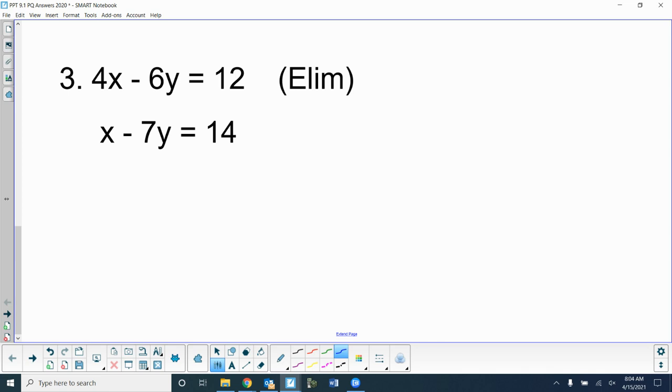Okay, so for those to be eliminated, should we add them together or subtract? Right, so subtract. So 0, that cancels. Put your line, so we know they're separate. Okay. What's negative 6 minus a negative 28? No, minus a negative 28 be plus, isn't it? So it's negative 6 plus 28. 22y equals what's 12 minus 56?